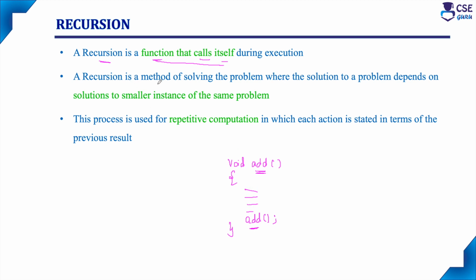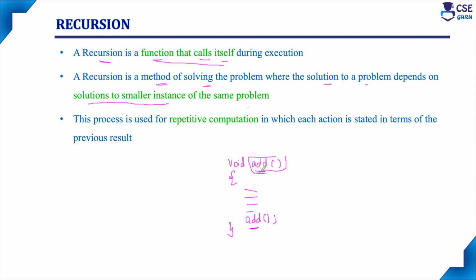So recursion is a method of solving a problem where the solution to the problem depends on the solution to a smaller instance of the problem. This user-defined function will call the same function again inside itself.